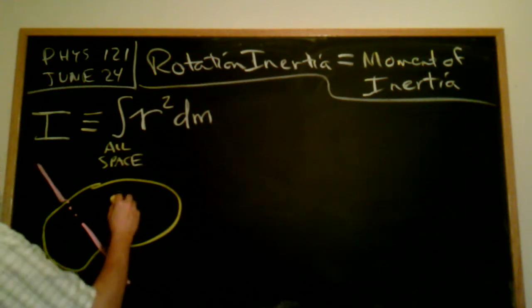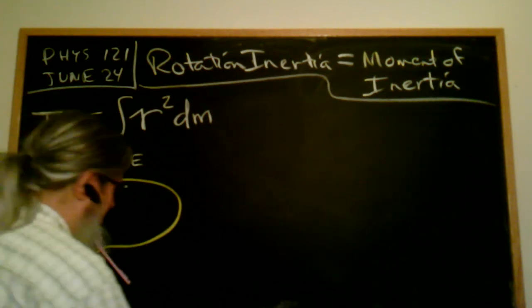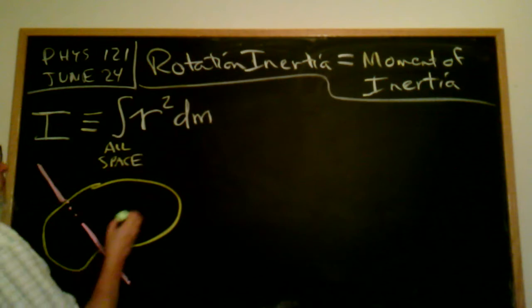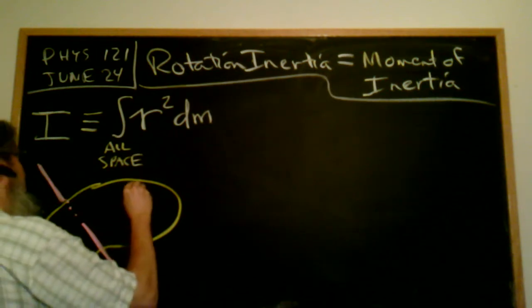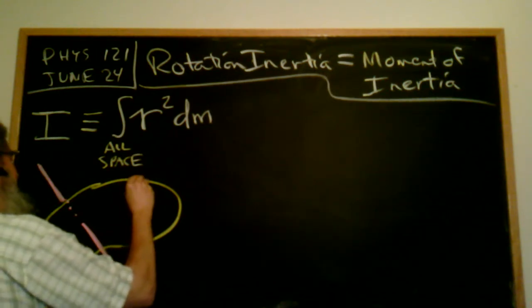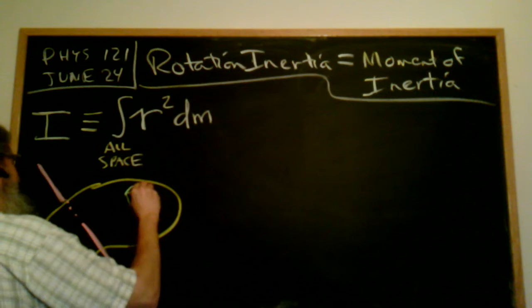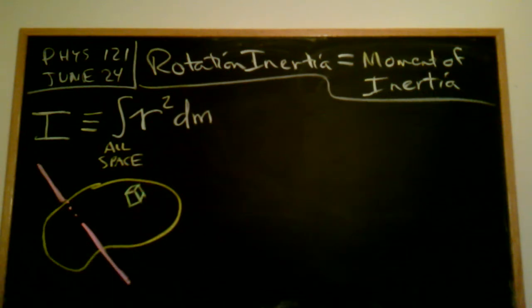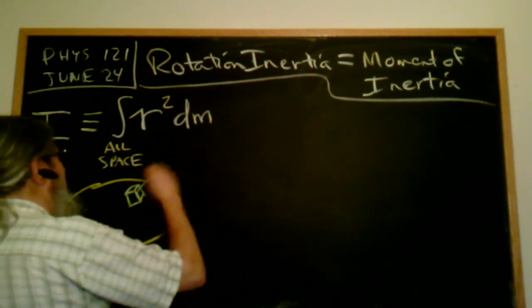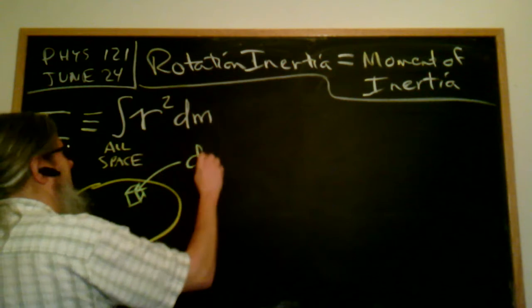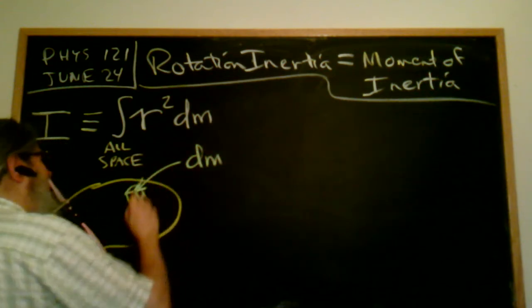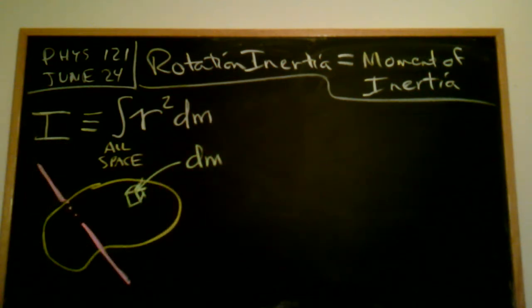Then if I consider a little bit of material in that potato, I'm going to define that little bit of material as a little cube of material with some volume. That's what I mean by dm. It's basically a little piece of matter sitting there.